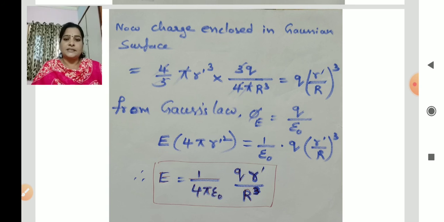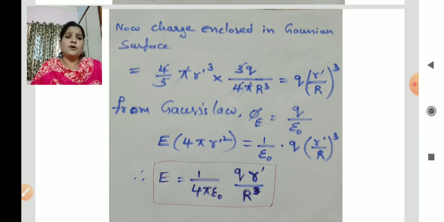Multiplying by the volume charge density, 3Q by 4 pi R cube, after calculating, this comes out to be Q into r prime by R whole cube.